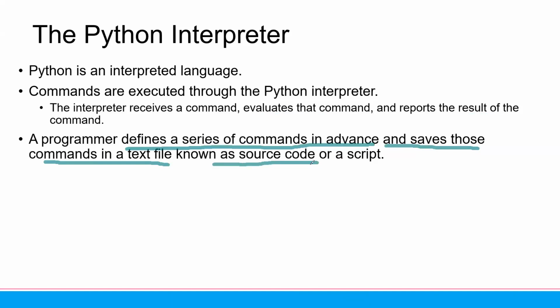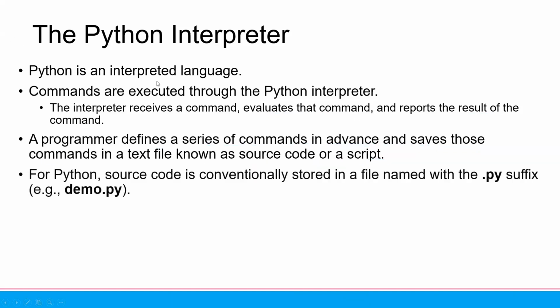Or in Python, many people say a script, Python script. In Python, you will see that the source code will be saved in a file name with .py. Usually, if you work with Python in any environment, it will be .py.